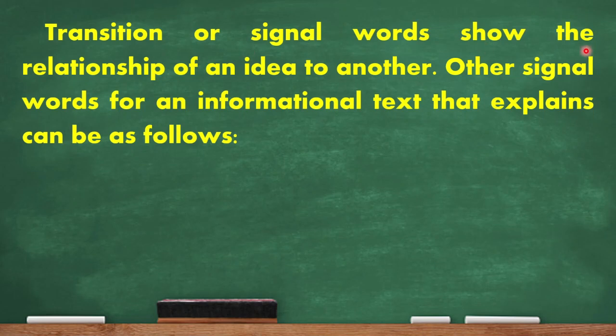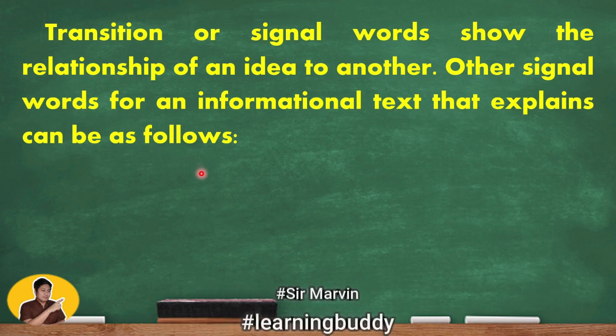Transition or signal words show the relationship of an idea to another. We will be using transition or signal words to show the relationship of one idea to another idea or ideas. Other signal words for an informational text that explains can be as follows.